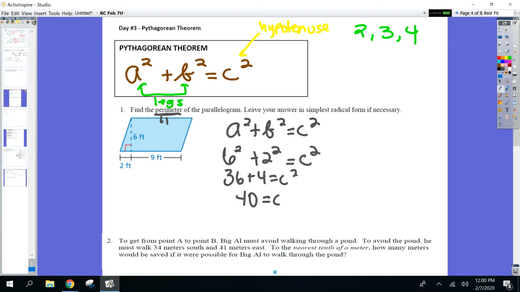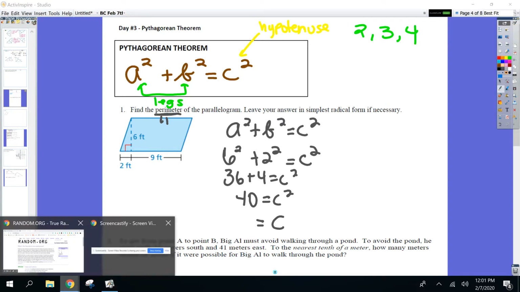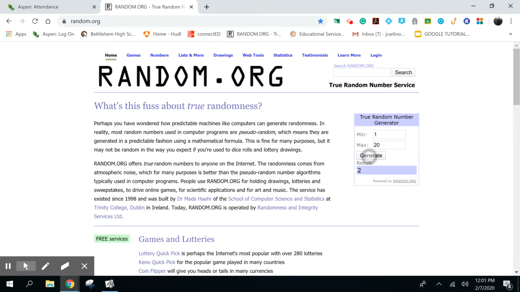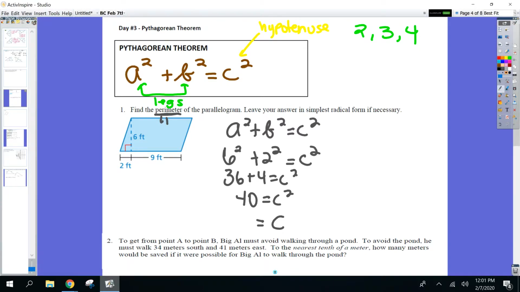Are you guys becoming more comfortable breaking down these radicals? It seems like the last couple units we've been doing it a ton. All right, so break down 40 for me. Two radical 10.